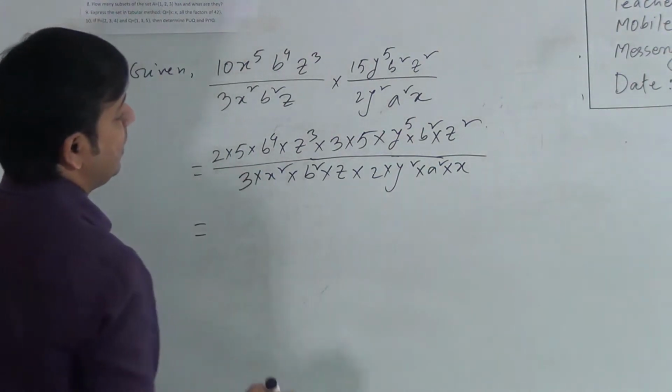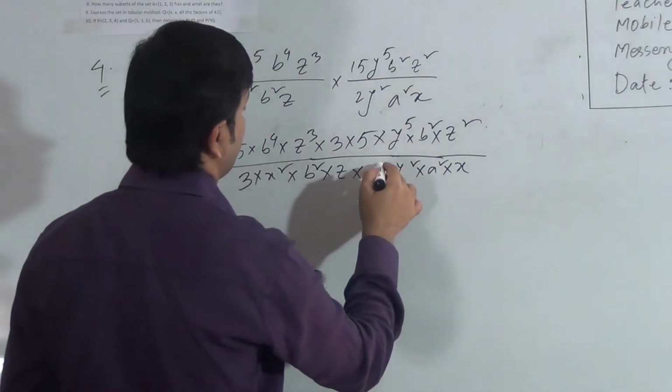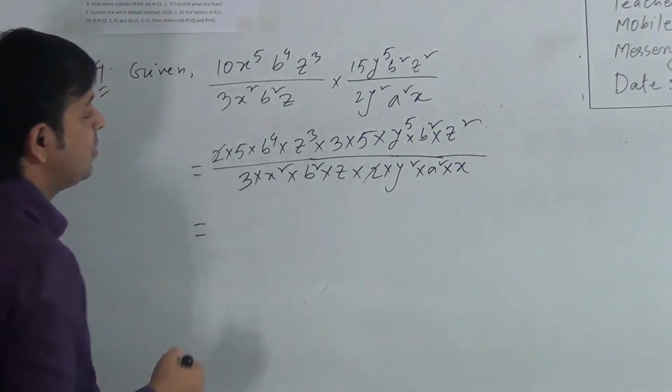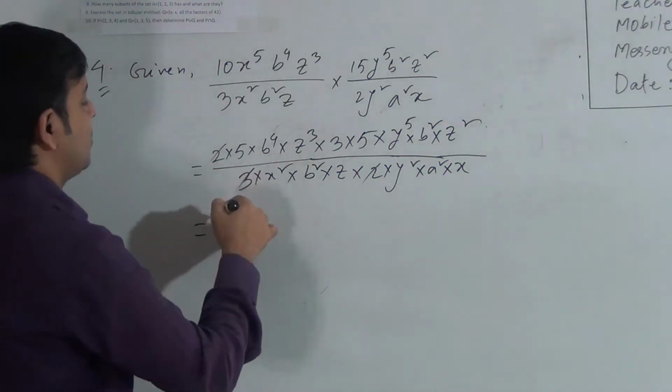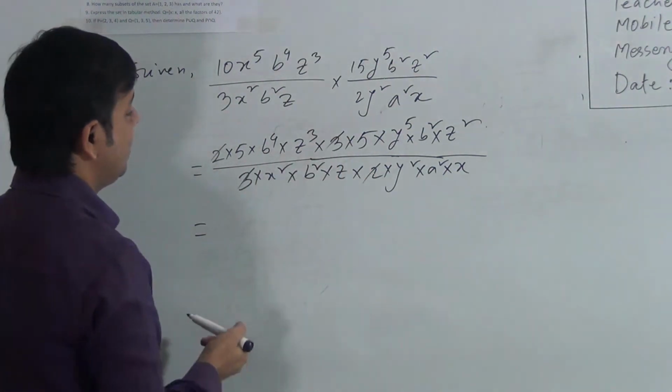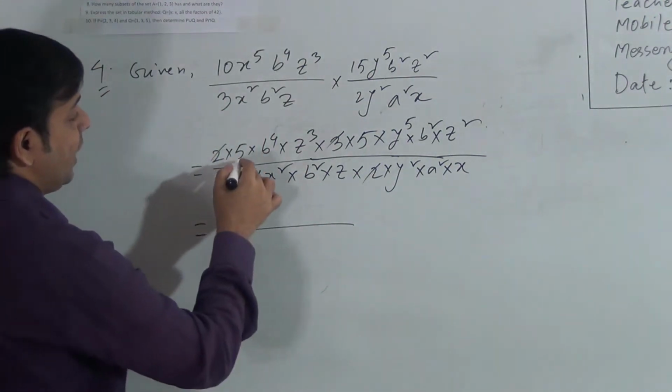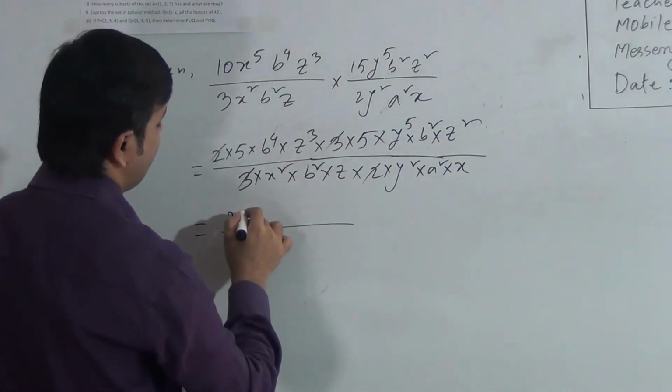We can cut this 2 and this 2. Can we cut anything else? I think we can cut 3 also. For the coefficients, 5 and 5 remain, so we can write 25.